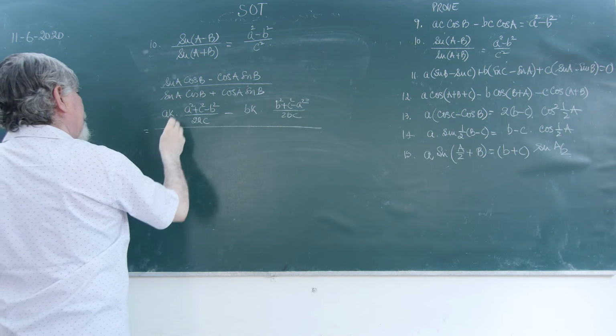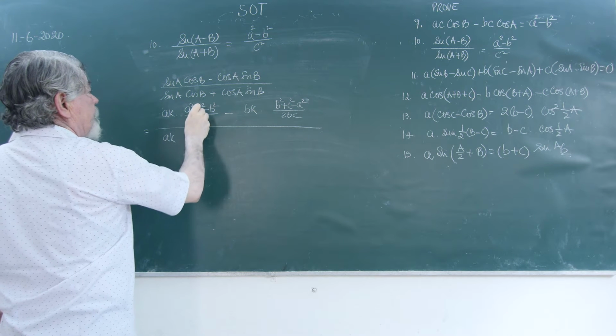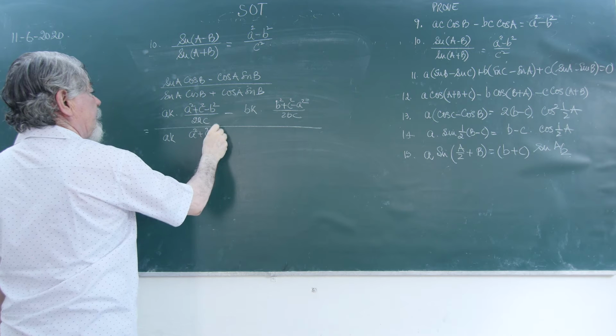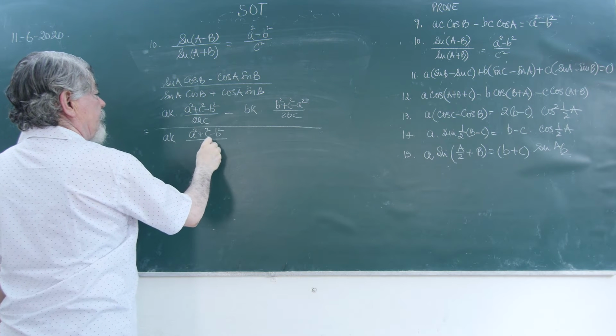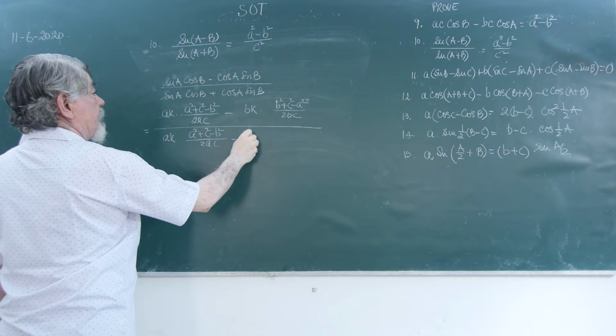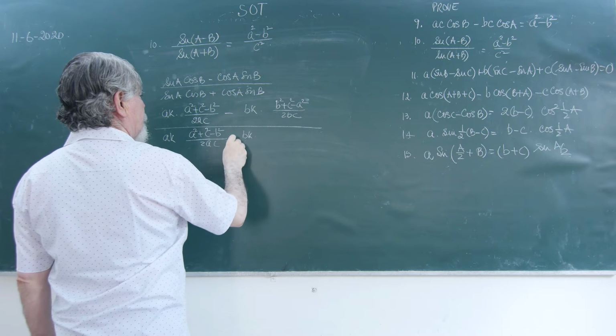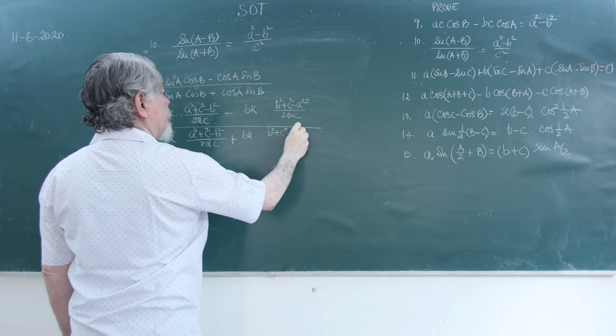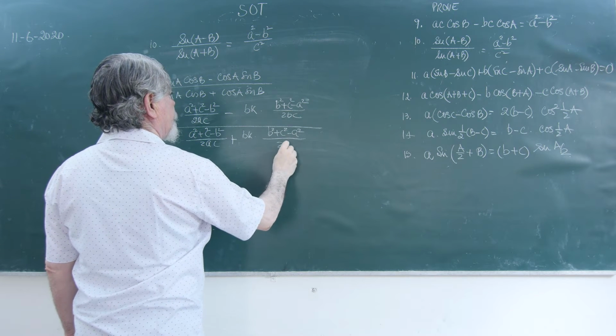And sin A is AK again, with the same cos B, minus plus BK into (B square plus C square minus A square) upon 2BC.